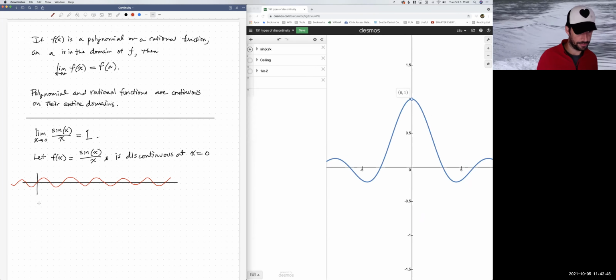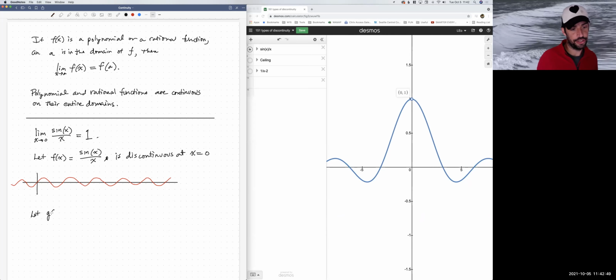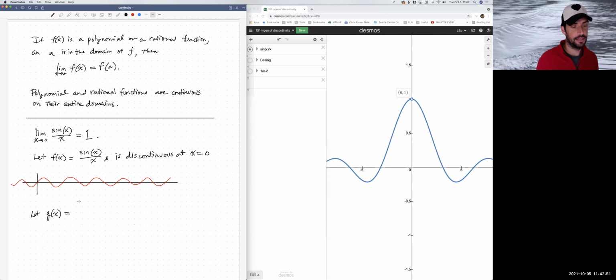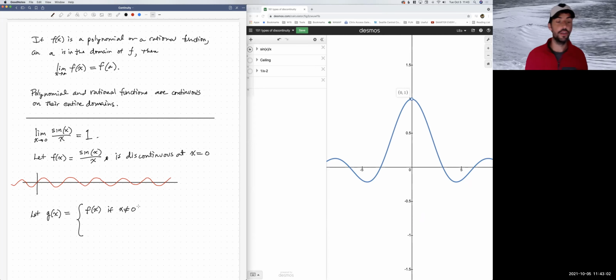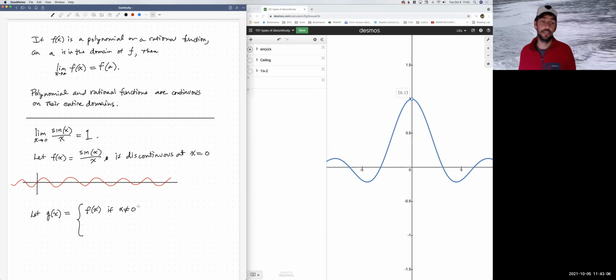However, let's let g of x equal, we'll do a multi-part function. Let's let it equal f of x, so it's the same as f of x if x is not equal to 0. So it's the same function as f everywhere but 0.